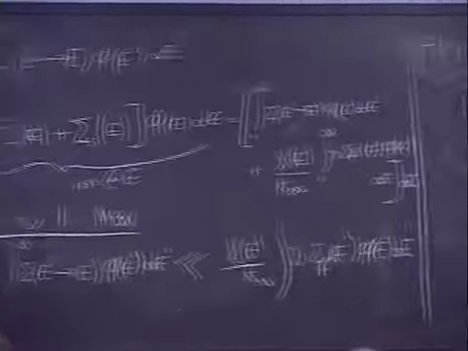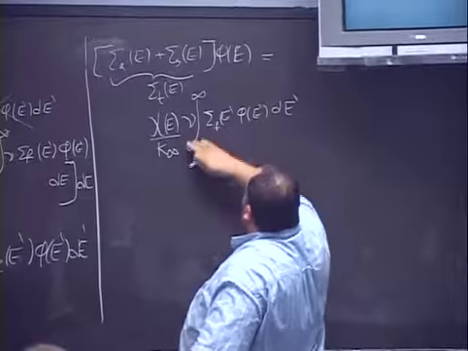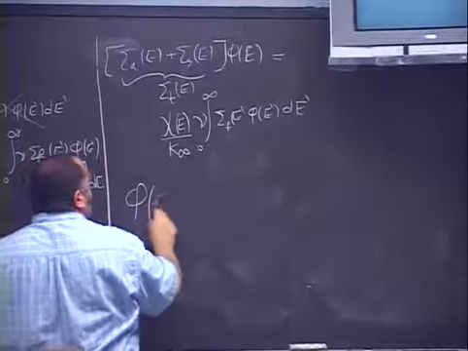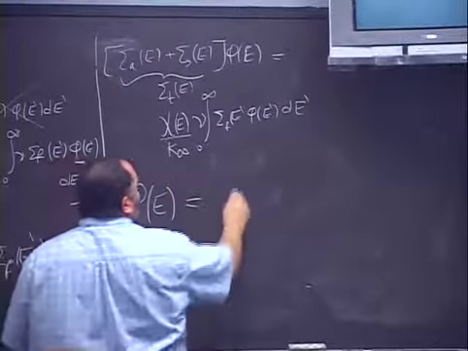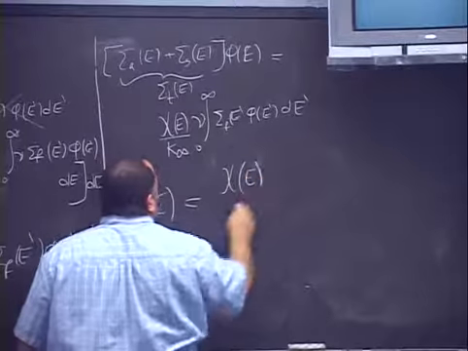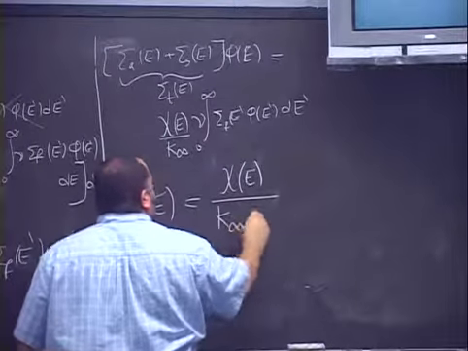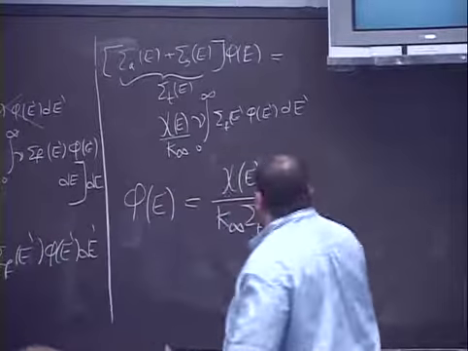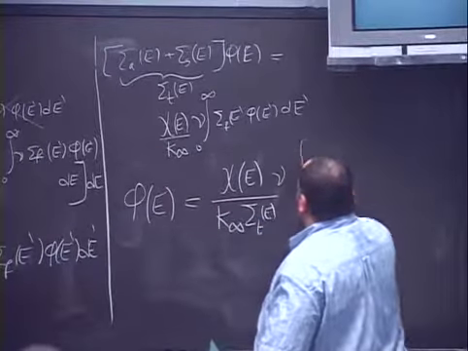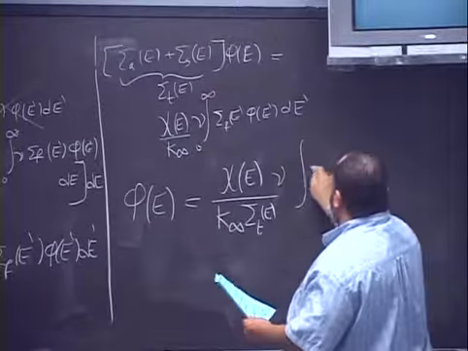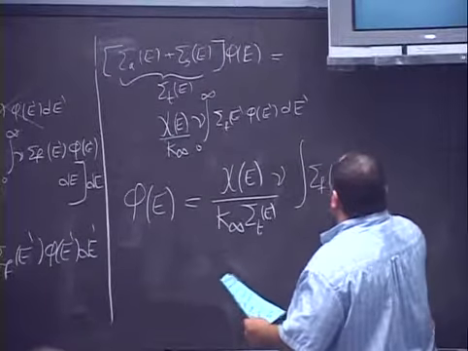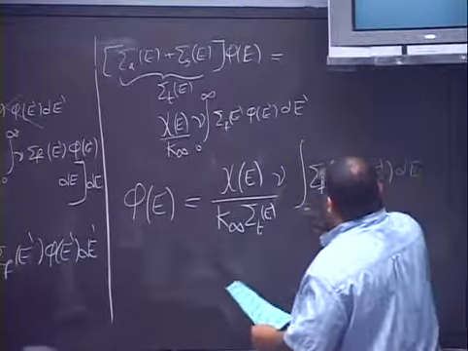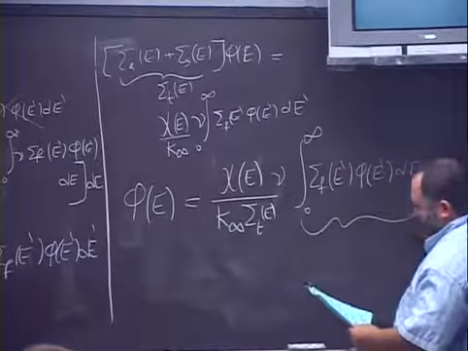So now you have sigma total phi of E equal to this. So what will be phi of E? Phi of E is equal to chi of E divided by k infinity, divided by sigma total of E, multiplied by nu sigma fission of E prime phi of E prime dE prime from 0 to infinity. What's this?